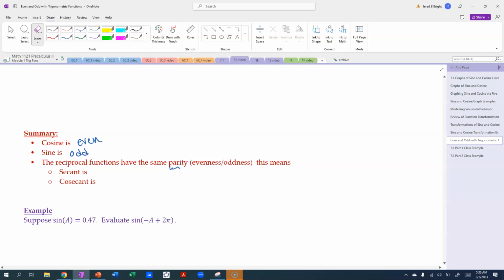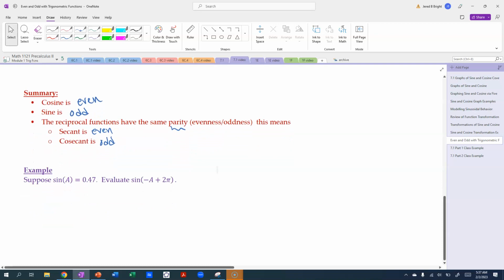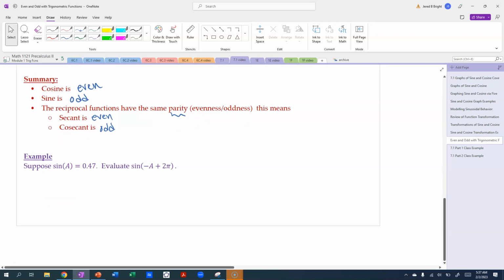When we talk about parity, that just is a word that encompasses evenness and oddness. So meaning that secant, which is the reciprocal of cosine, would be even, and cosecant, which is the reciprocal of sine, is odd. We'll talk a little bit more about those coming up, but you can use that fact going forward.